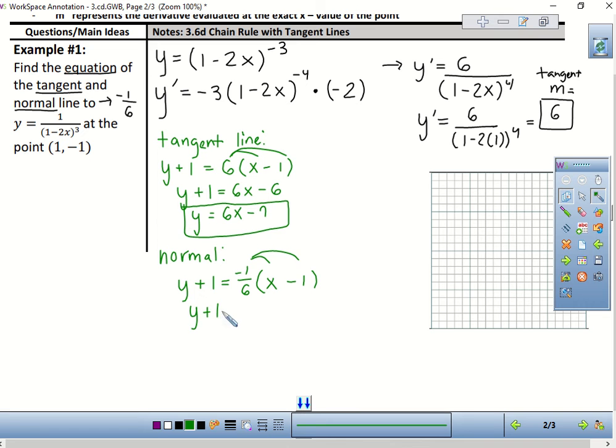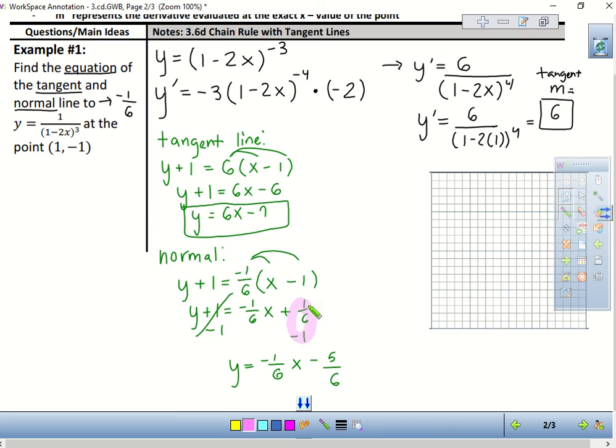So we end up with y plus 1 equals -1/6 x plus 1/6. And then I subtract 1 on both sides, which gives me y equals -1/6 x plus, or minus, sorry, 5/6, right? What? 1/6 minus 1. Oh, I see.